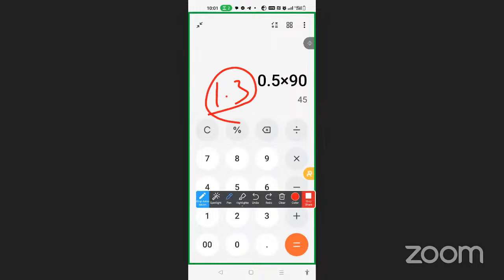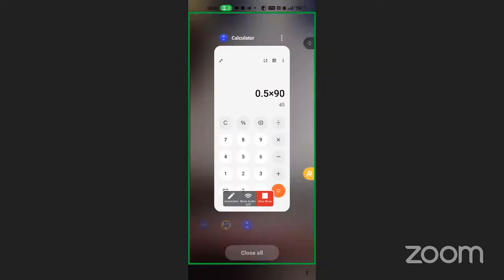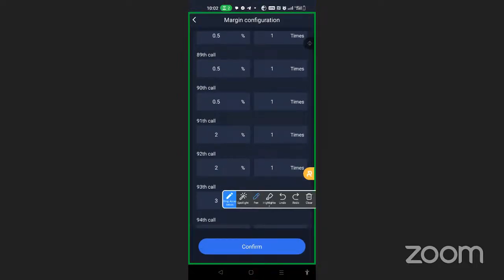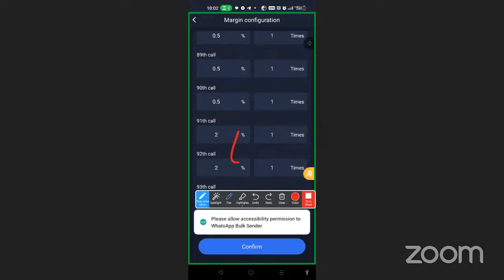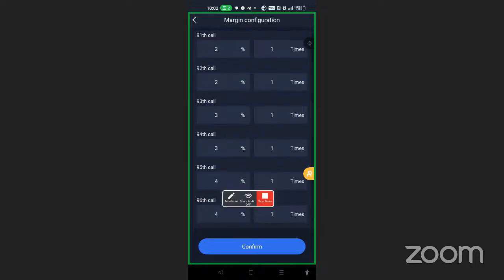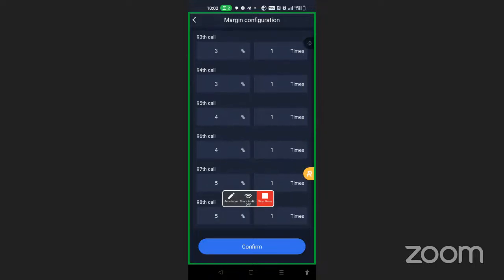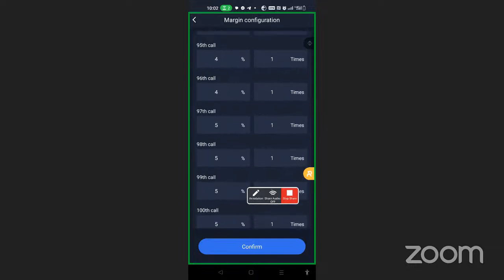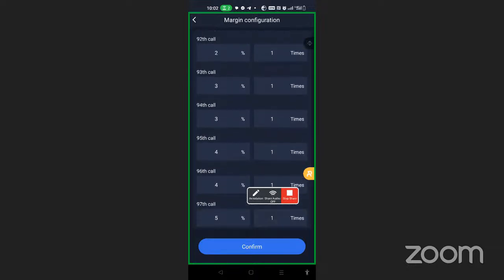And I'm doing this now from the 91st call here. Here I go 2%, 2%, this is 4%. Now 45 plus 4, this is 49. Okay, this is 6, 49 plus 6, then plus 8. So let me just add 5, 10, 15, 20.